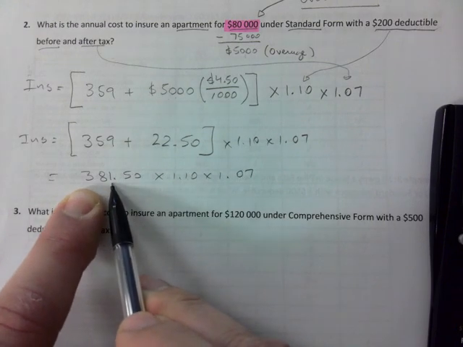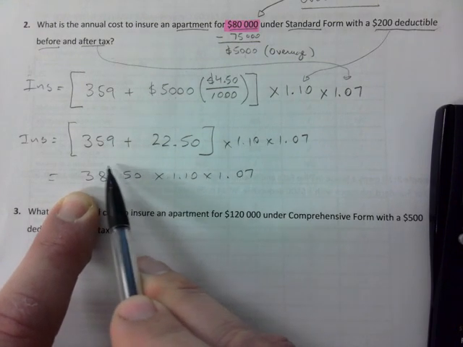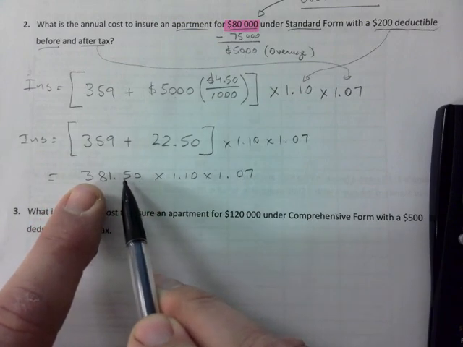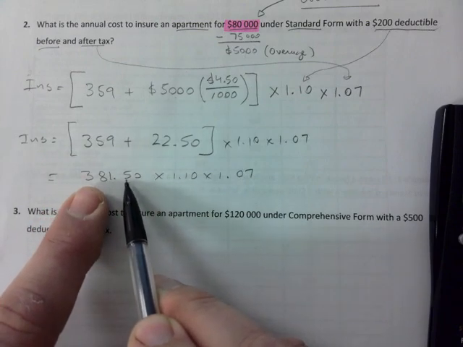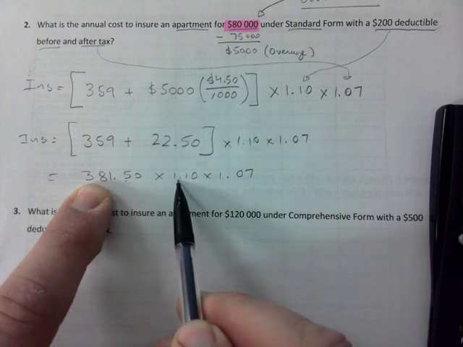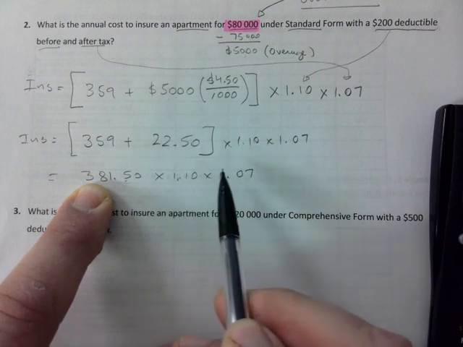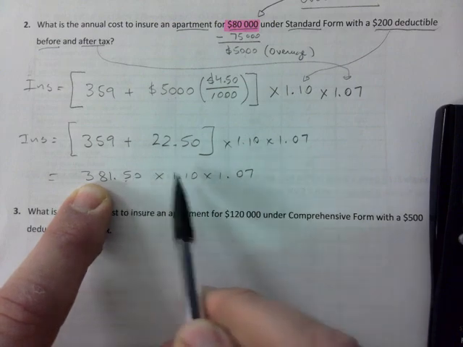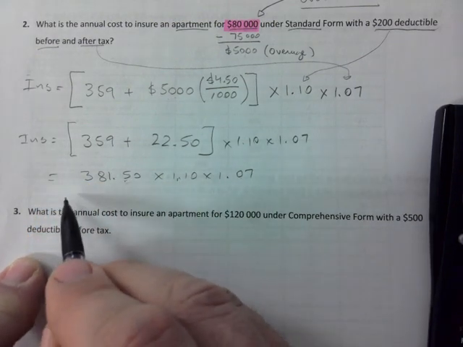I need you to know that this, the $381.50, is a $500 deductible before taxes. As soon as you go times 1.10, it's a $200 deductible. And then as soon as you multiply by 1.07, it's after taxes. So that's kind of what's happening here.